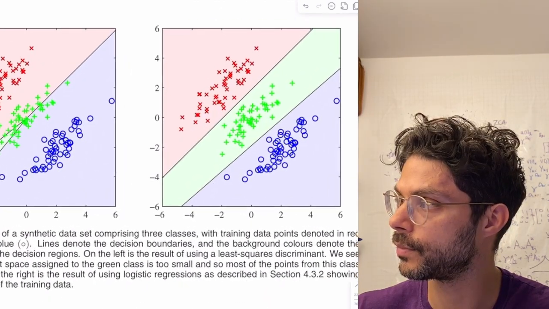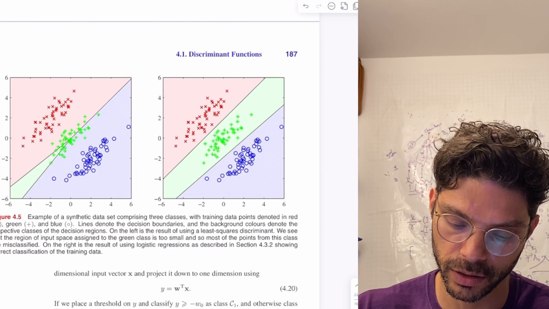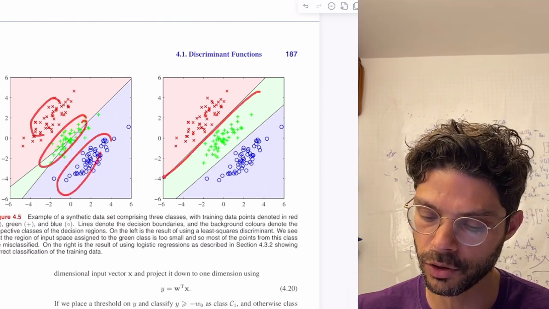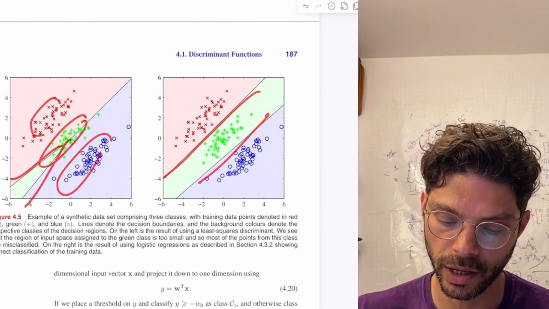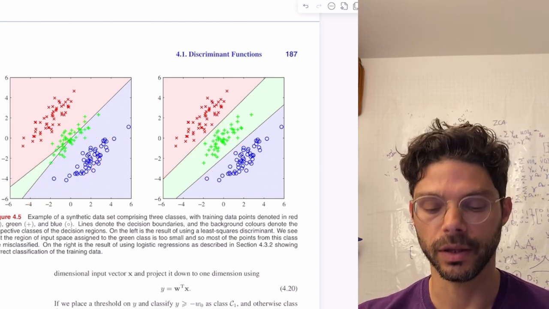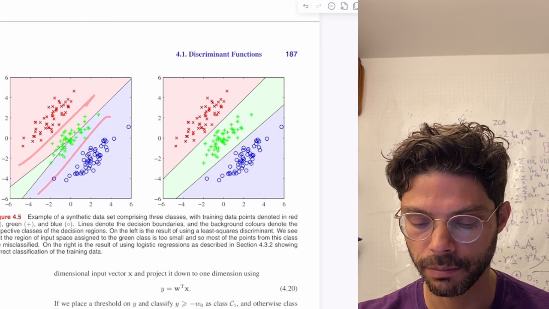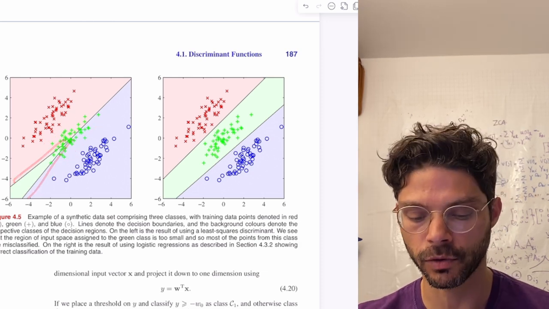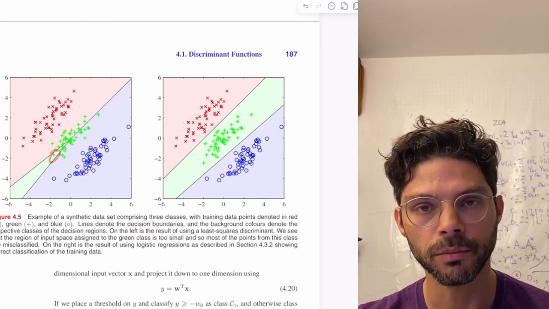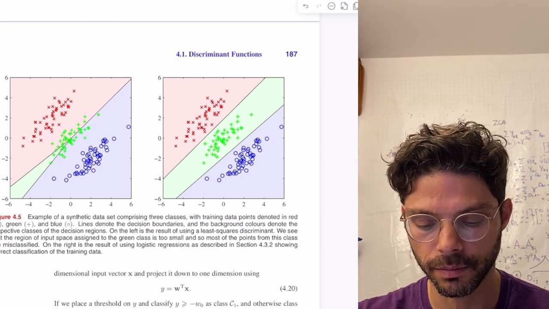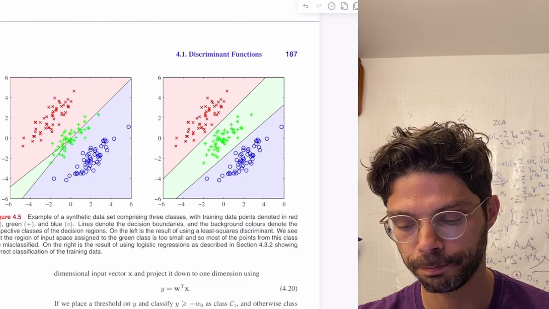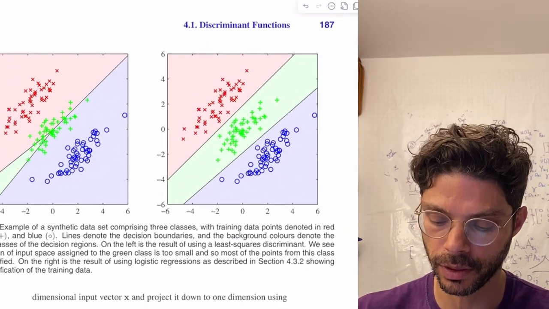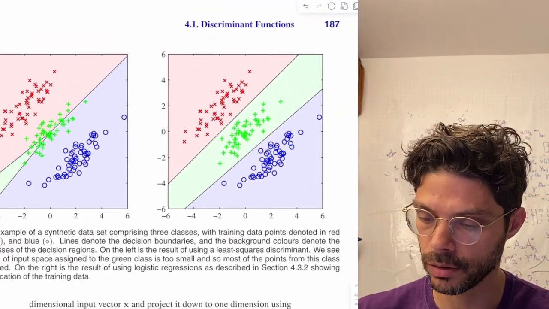So here is our data set. Logistic regression is able to split them. They're perfectly linearly separable, but least squares, again, by treating things as a regression problem, is only assigning a tiny portion of the space to being in the green set. So another big problem with least squares.